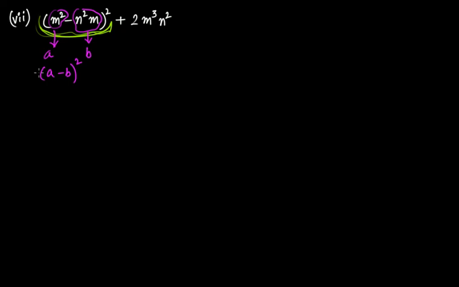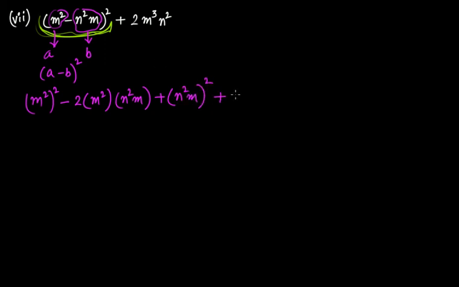It means that this is a squared, that is (m squared) whole squared, minus 2ab, means a is m squared, b is n squared m, then plus b squared, means (n squared m) whole squared, then plus 2m cubed n squared. Okay, this is m raised to power 2 whole raised to power 2.